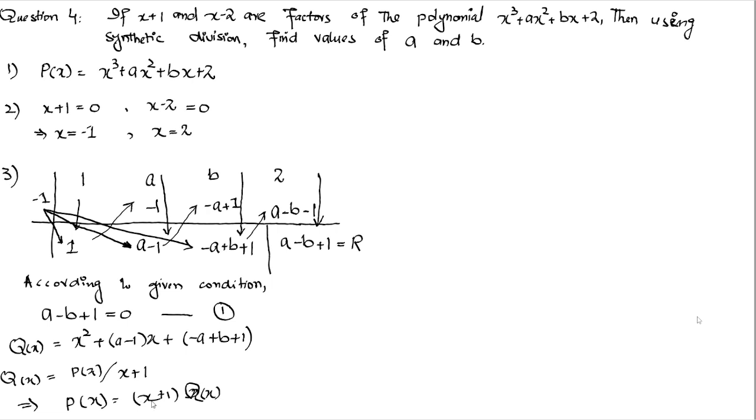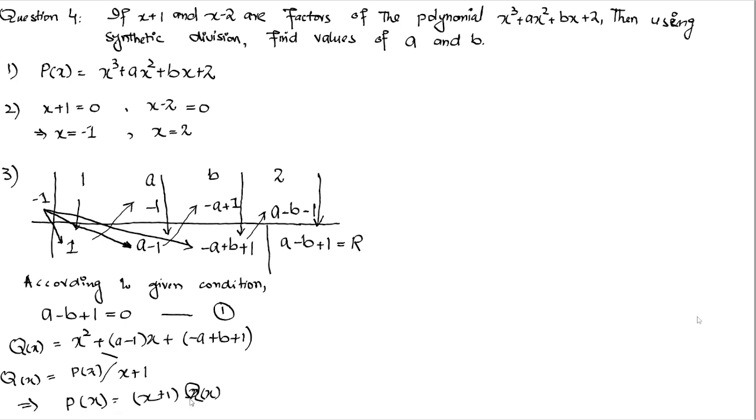So this polynomial is equal to multiplication of x plus 1 into the quotient. Now as x minus 2 is not a factor of x plus 1, it means that x plus 1 cannot be divided by x minus 2. It means that this quotient q of x will be divisible by x minus 2 if it is a factor of this polynomial p of x.